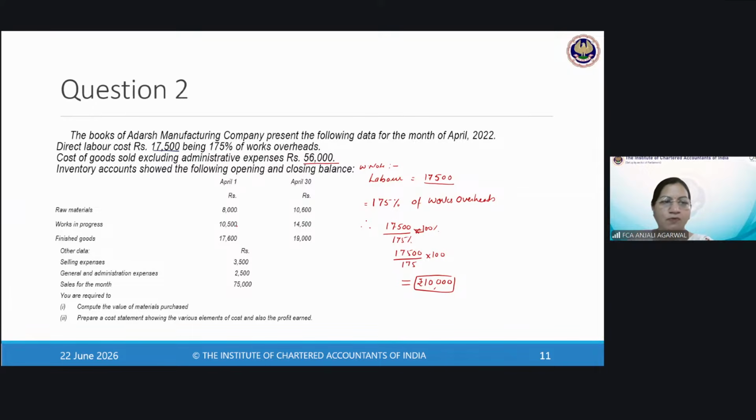Work in progress, opening balance and closing balance. Finished goods, opening balance and closing balance. Selling expenses are given. General and administration expenses are given, and sales is given. You are to calculate the value of material purchased, and then prepare a cost statement showing the various elements of cost and the profit earned.